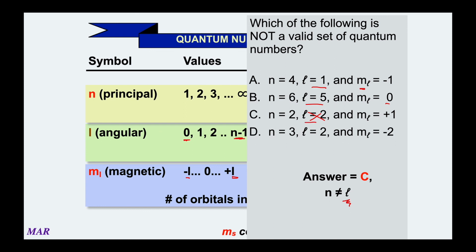On the next one, let's assume l of 2 was legit, so m sub l would be somewhere between negative 2 and positive 2, so positive 1 is okay. And the last one, l equals 2, same thing, negative 2 to positive 2, negative 2 is legit. So those are the kind of things we'll be looking at when it comes down to these quantum numbers.